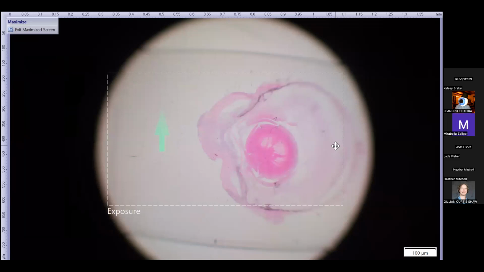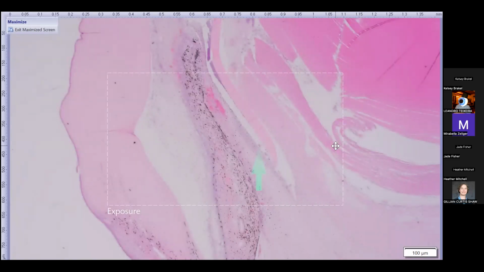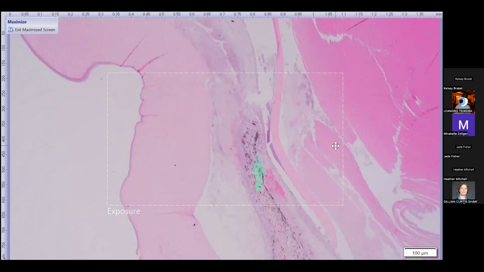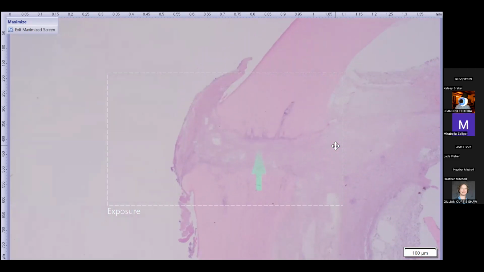So here, when we look at this deeper section, there's a nice defect in the cornea right there. We will go to higher magnification and look at what we have there. So there's that nice defect.